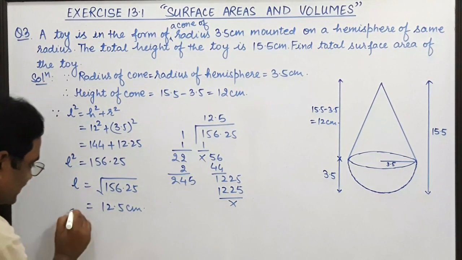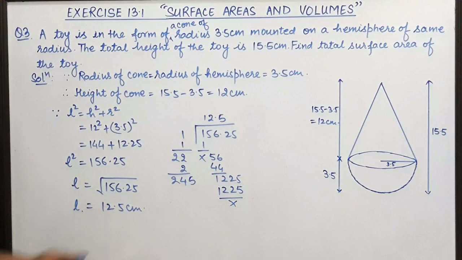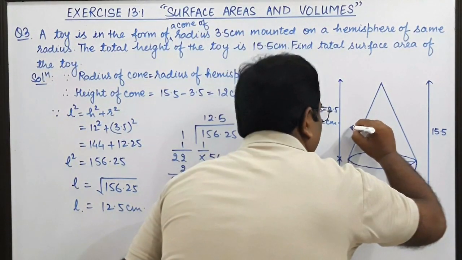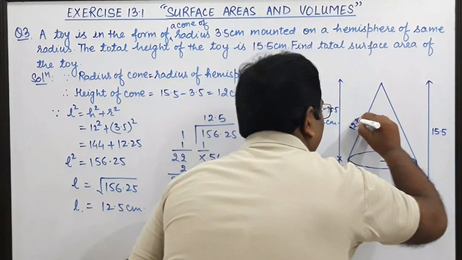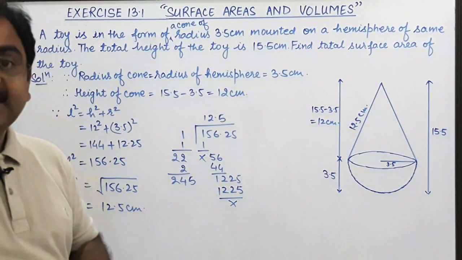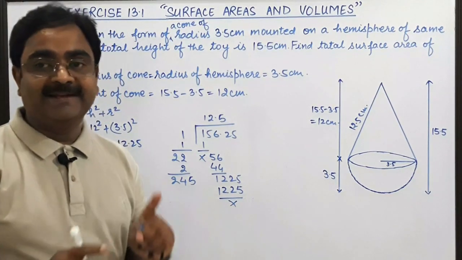This is the slant height of this cone, the value of small l.